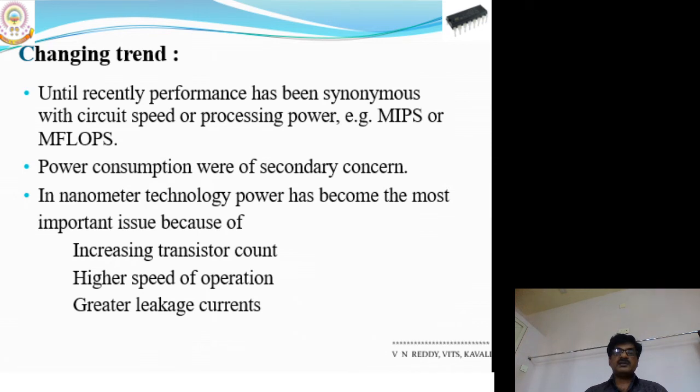In nanometer technology, we must concentrate on leakage current also, even though its magnitude is very small, because its effect on the power consumption is large. That's why we need to concentrate on power reduction techniques. So that is the changing trend.